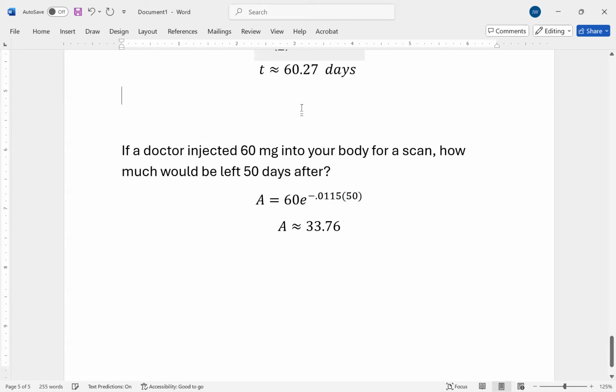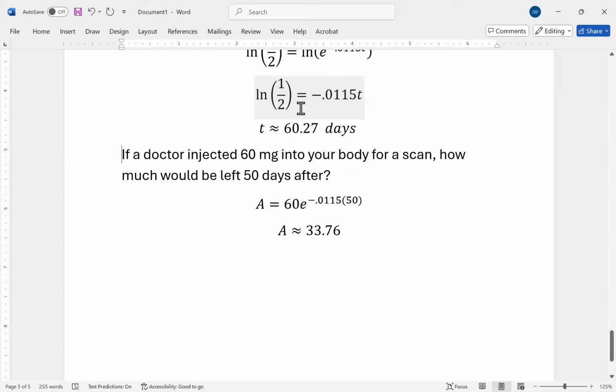Now, another way you can do that is now that you know that the half-life is about 60.27, you can actually, this is not the way I recommend because that 60.27 is a rounded version, but you could take 60, and since you know that the half-life is 60.27, the equation for the halving time would look something like this, although again, this 60.27 is a rounded number.